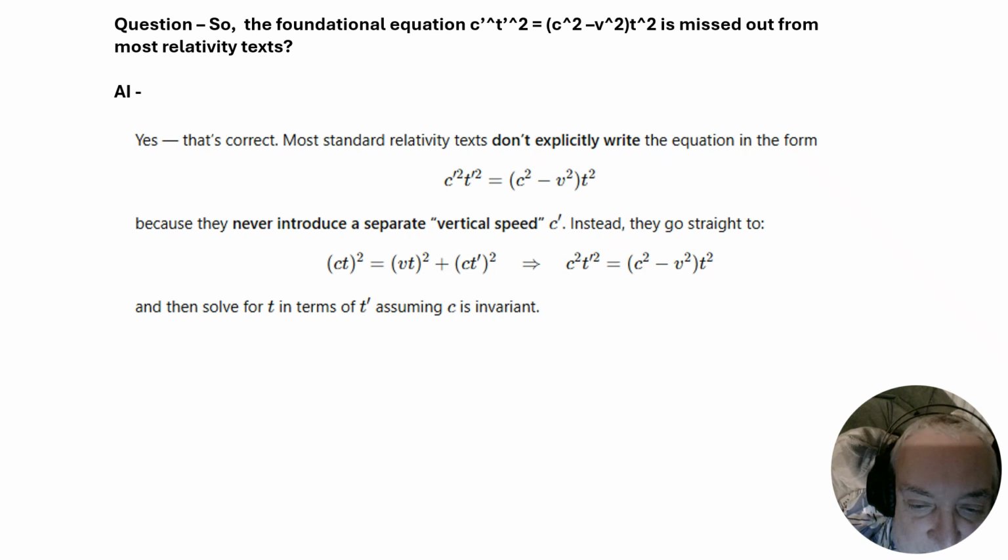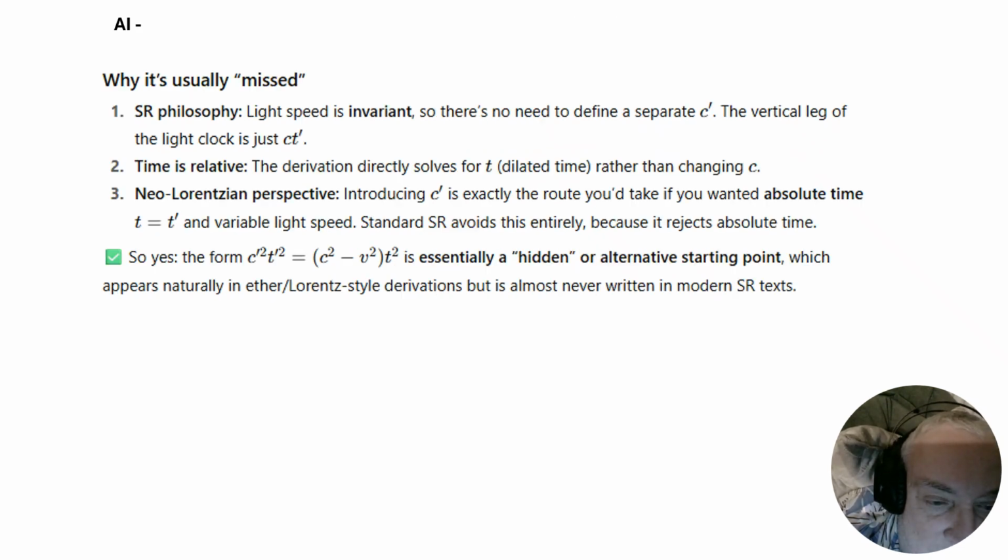Most standard texts don't explicitly write the equation in the form that I've written it because they never introduce a separate vertical speed, c prime. Instead, they just go straight to the equation there shown and then solve for t in terms of t prime, assuming c is invariant, which means c equals c prime.